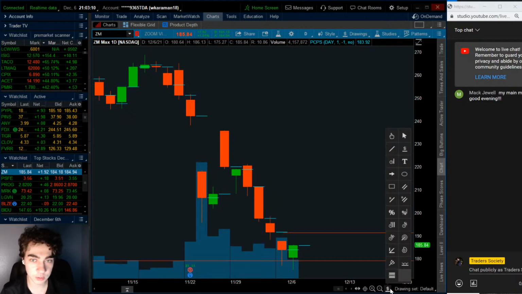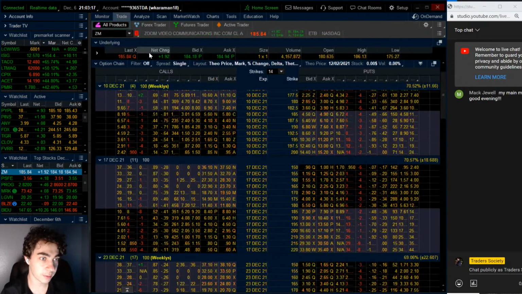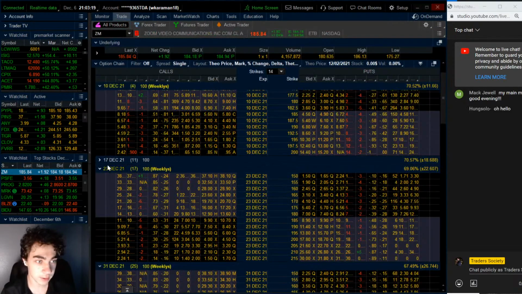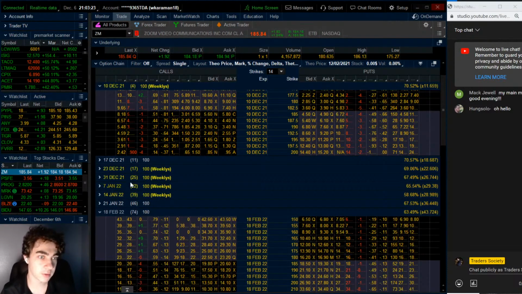If you were to go with some short term out of the money call options, closest to expiration, you can make a pretty good profit flipping those really quick. Like if you were to go with the December 4th expiration on Zoom, buy call options, let's say you went with the 190 strike. They're currently at $3.